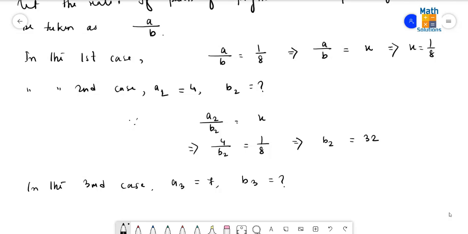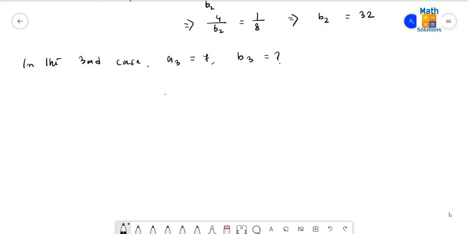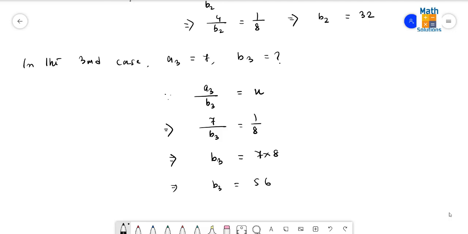Again, A3 by B3 has to be equal to K, because all these terms are proportional. So 7 by B3 is equal to 1 by 8. On cross multiplication, B3 is equal to 7 into 8. We are getting B3 to be 56.